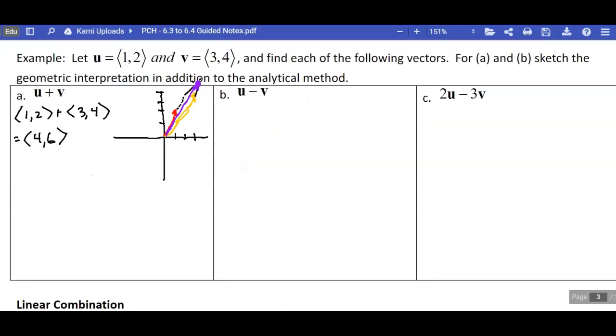part B. So again, let's make a sketch here. See if I can do a little bit better of a job. So we're going to do u minus v. So really I'm going to do u plus the opposite of v. So u again is 1, 2.